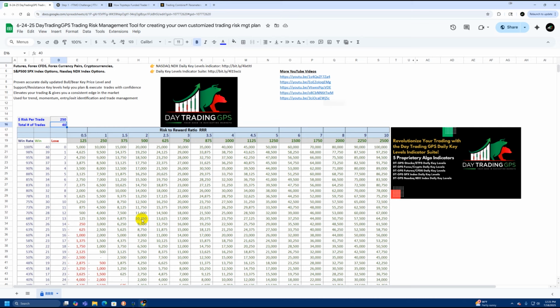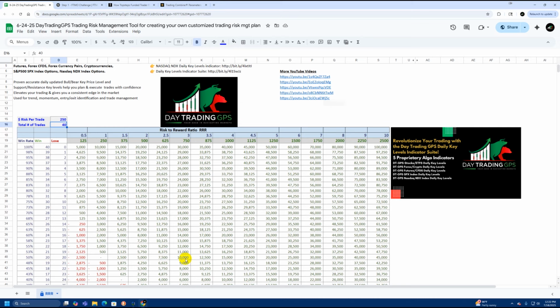But let's say you're only comfortable trading with a 50% win ratio. So we go down to the line here of 50%, and we go over to here, and we have a 50% win-loss ratio at a 3-to-1 risk to reward ratio.